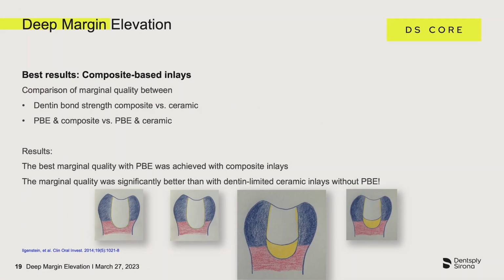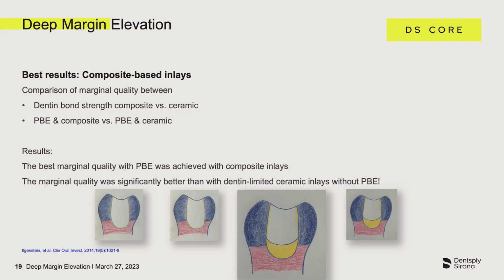This study also showed that composite-based indirect restorative materials have a higher marginal seal to root dentin or root cement than a classic ceramic inlay, even without previous deep margin elevation.